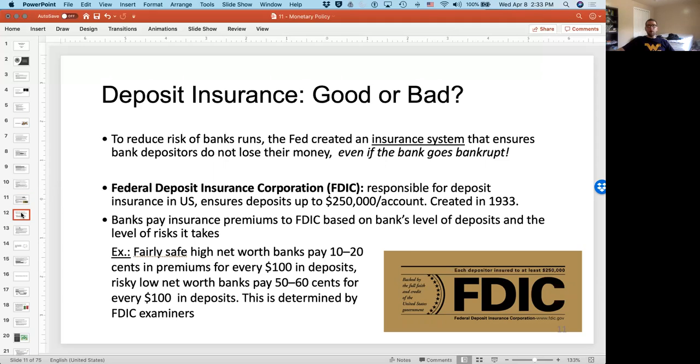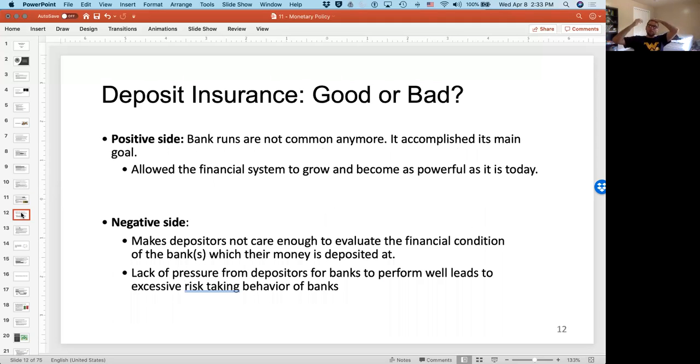However, when you think about it, what are the positive and negative sides? The positive side is that even when banks go under, the population is not affected, right? So it's a more powerful, more reliable bank system. But if I'm a bank, I might not care enough about the financial conditions of the bank, or in other words, the depositors, the people who have accounts with the bank, would not care if the bank goes under or not, as long as I have less than $250,000.